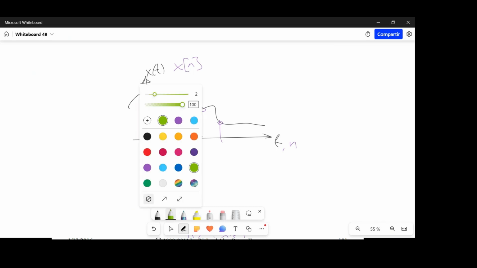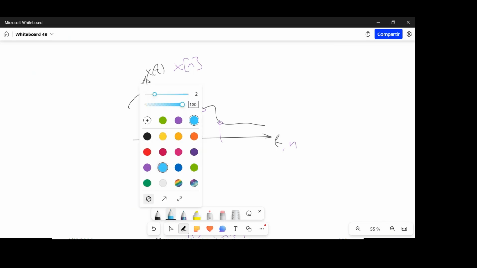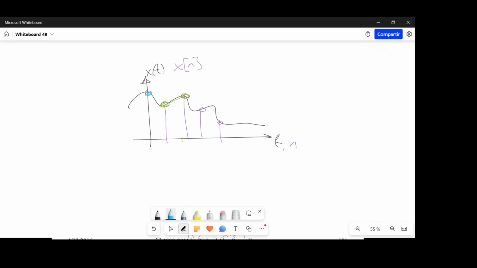But I know that if instead of taking just two samples, I take more samples, this one, this one, this one, this one, then the more samples I take, the more information I get about the neighborhood. And what is that in terms of signal?